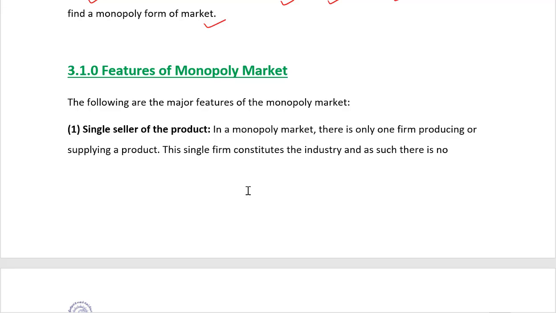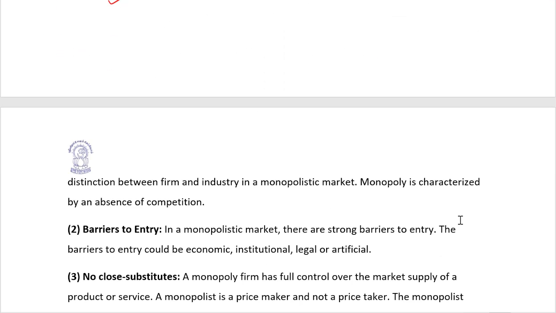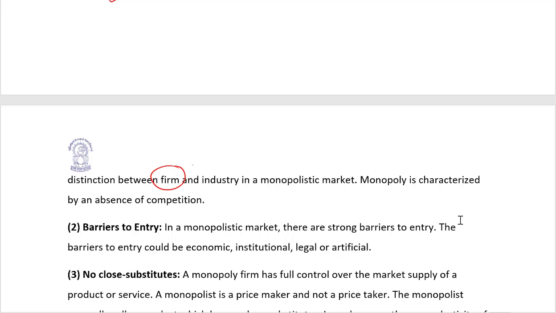Let's see the features of the monopoly market. Point number one, single seller of the product. In a monopoly market, as you know already, there is only one firm producing or supplying the product. The single firm constitutes the industry, and as such, there is no distinction between the firm and the industry. Why? Because in the industry, only one firm is there.